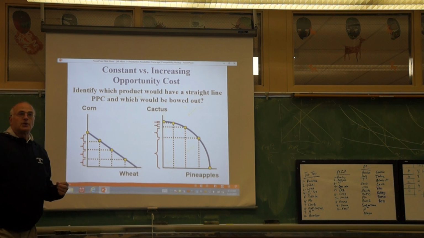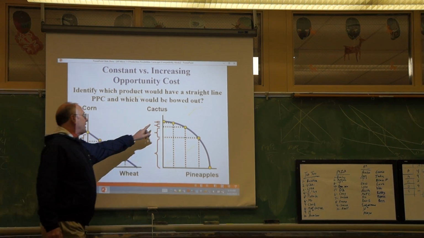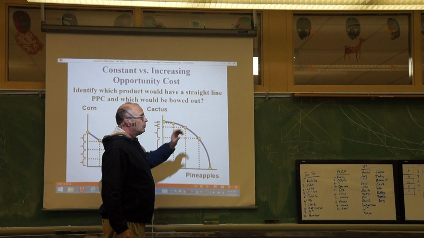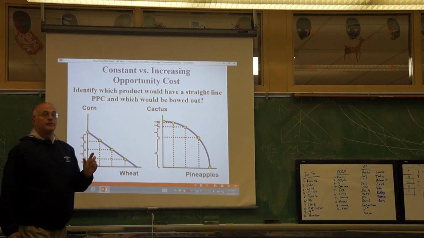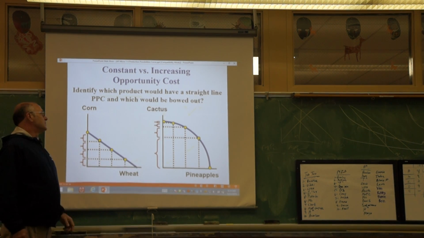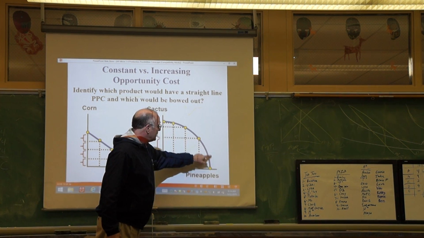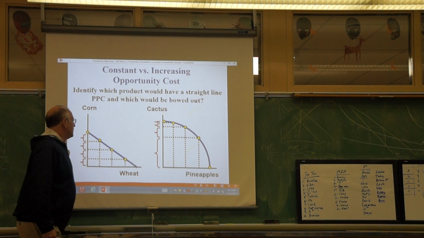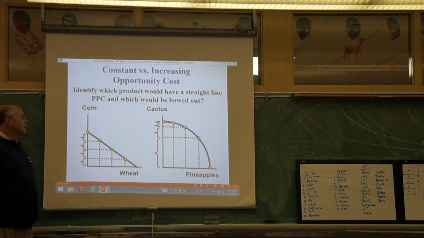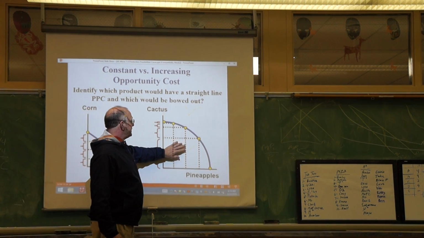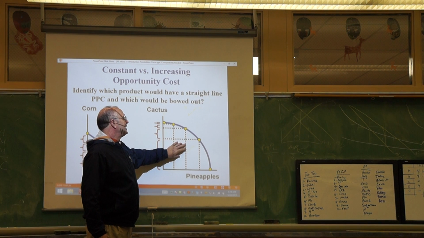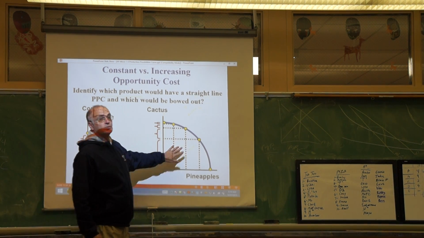What do we mean by productively efficient? At any point on this curve, we are using our resources efficiently. That's all it means. It doesn't mean you need more cactus than pineapples. It just means you're using your resources efficiently. The second thing is that any point inside the curve would mean an inefficient use of the resources.